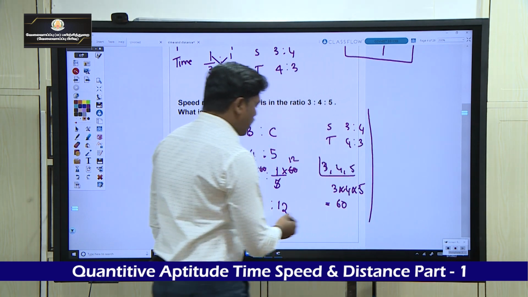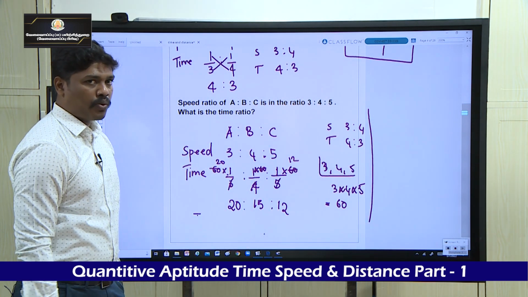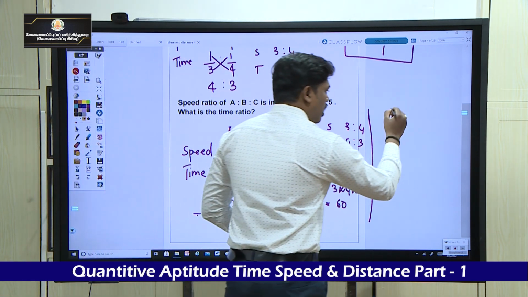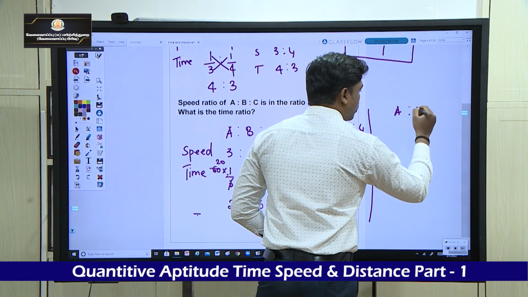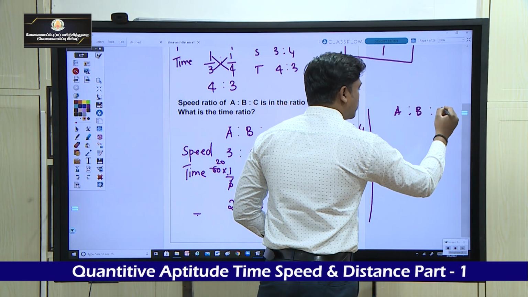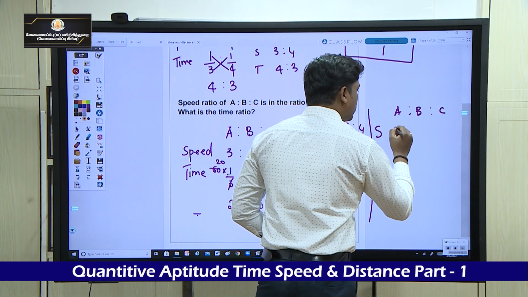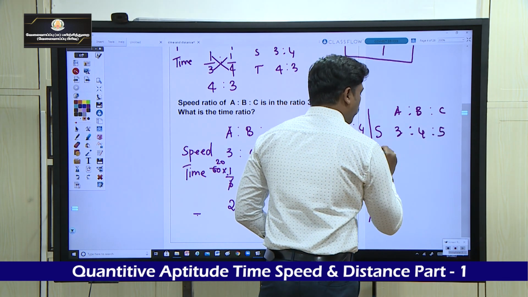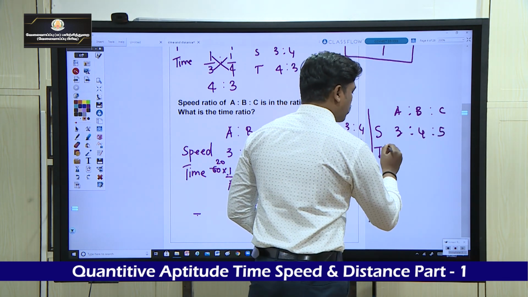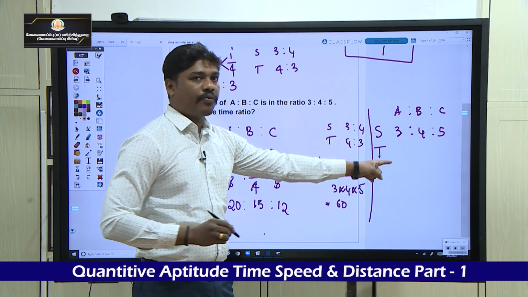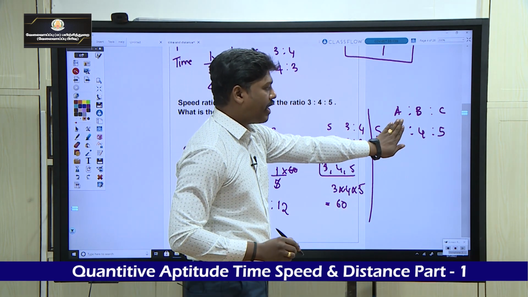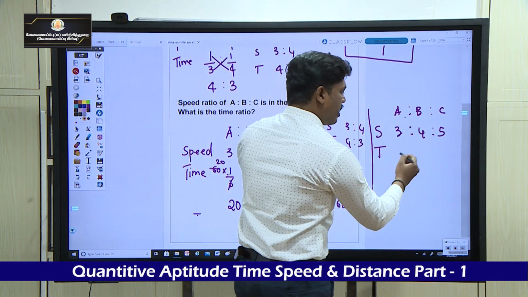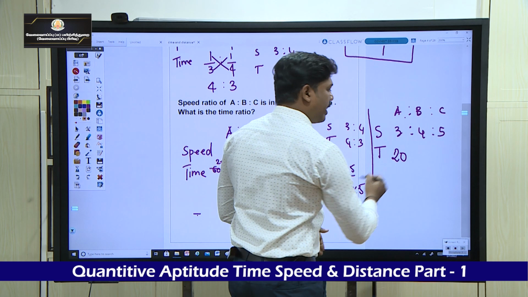This is the basic method to find the time ratio. Now I am going to tell you a shortcut. A:B:C, the speed ratio is 3:4:5. What is the time ratio? To find the time ratio of A, hide the value of A and multiply 4 and 5. 4 into 5, 20.